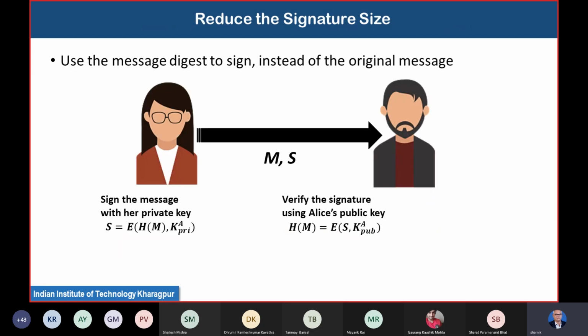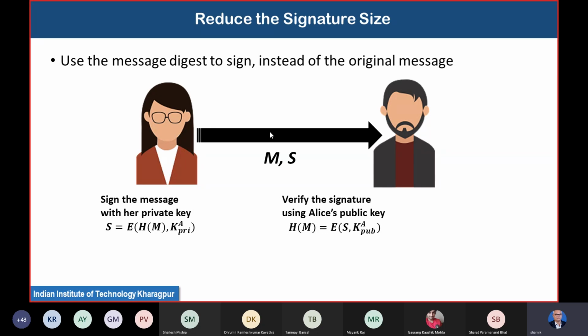Instead, Alice generates a hash, the cryptographic hash as we have studied, of M, and then encrypts that with her private key. This S that was generated is sent along with the full message M. The full message M is sent, but the signature is not a signature of the full message M; rather, it is a signature of the digest of the original message.